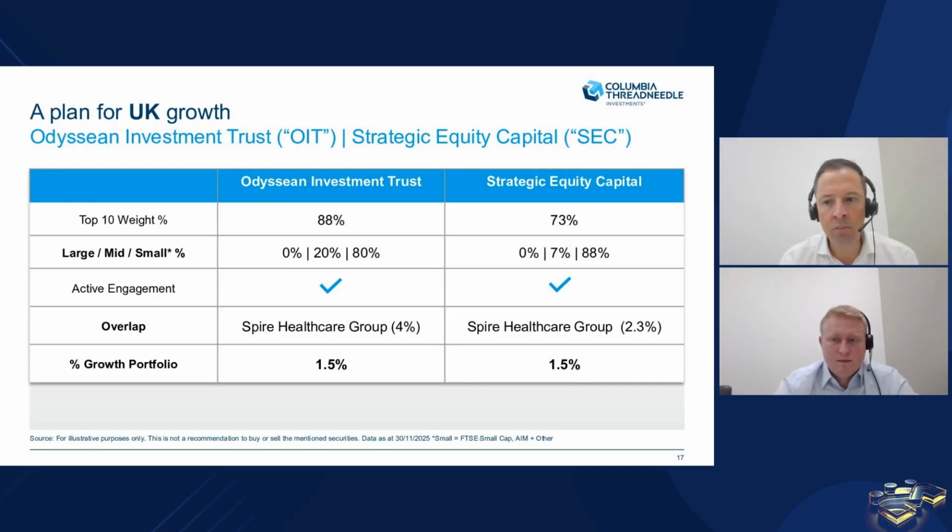And they also make full use of the flexibility of the trust. So if you look at the top 10 of the Odyssean Investment Trust, that accounts for 88% of their portfolio. So very highly concentrated, very high conviction. And similarly, Strategic Equity Capital, their top 10 is 73%. No large cap, a little bit of mid cap, but mainly investing in the small cap space.